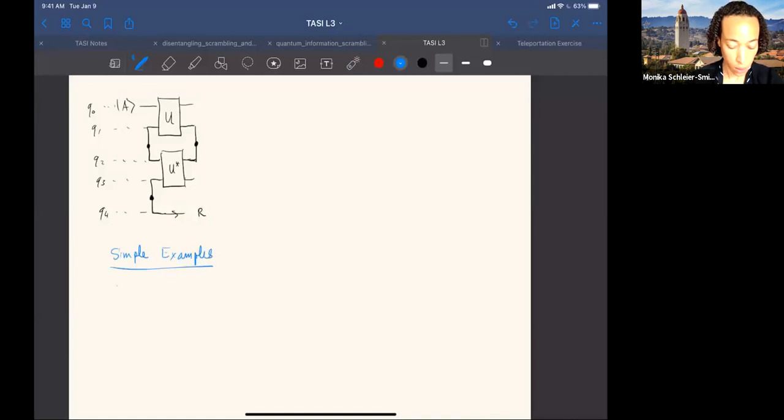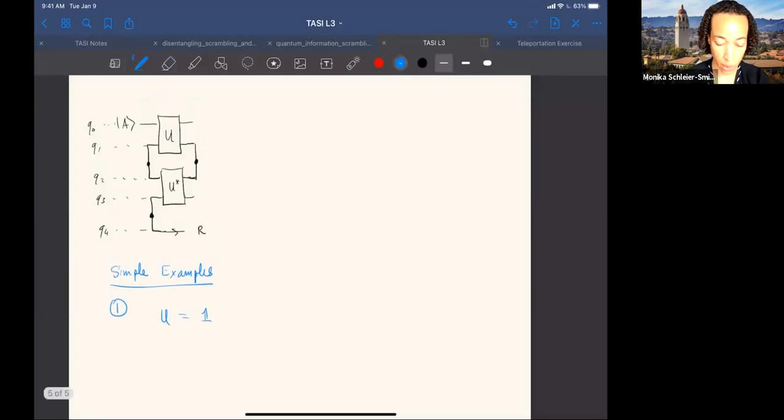So first of all, let's consider the case where this is not something that scrambles, but where U is just the identity operator acting on 2 qubits. So that basically means I'm going to take my qubit A and nothing will happen to it.